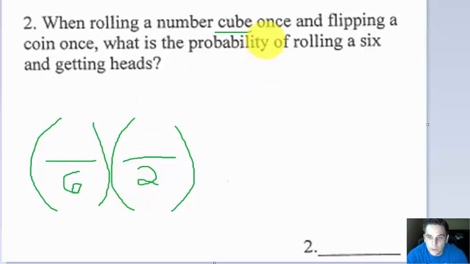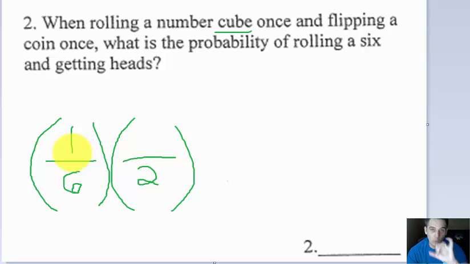All right, so with the cube, a number cube has 6 sides, and they're numbered 1, 2, 3, 4, 5, 6. So rolling a 6, that's the first action. We're rolling a number cube. There's only one 6. So out of 6 choices, 1, 2, 3, 4, 5, 6, only one of them will make us happy. We'll achieve our goal, the 6.